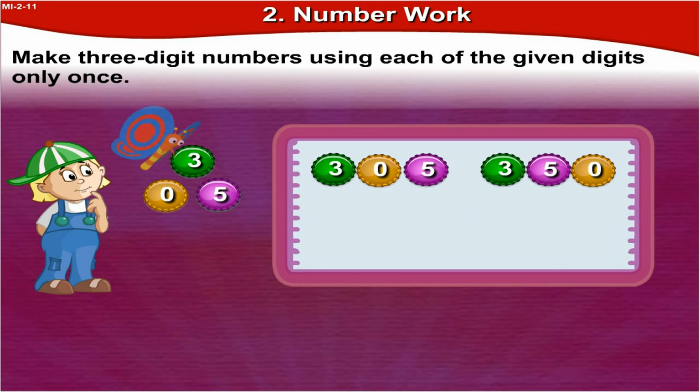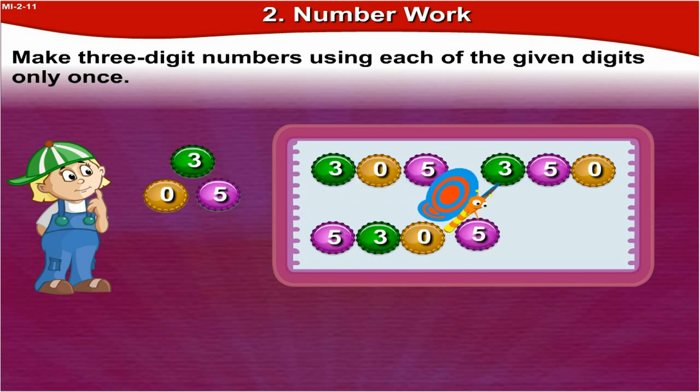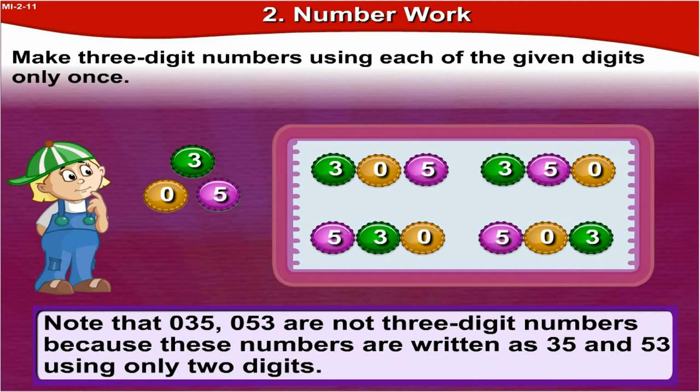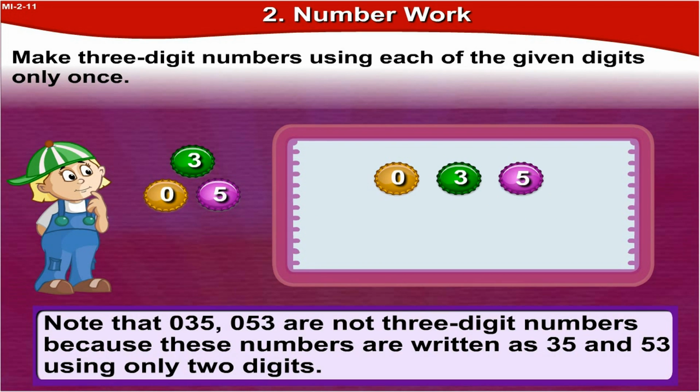You're right, 530 and 503. Here you need to note something, that 035 or 053 are not 3-digit numbers because these numbers are written as 35 and 53 using only 2 digits.